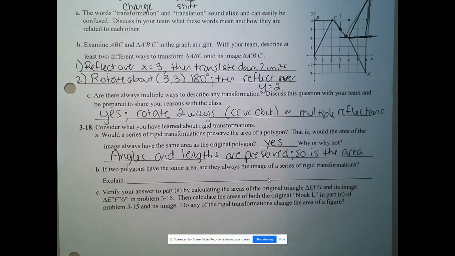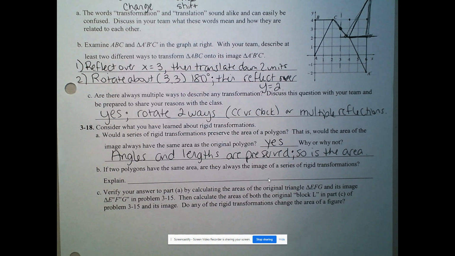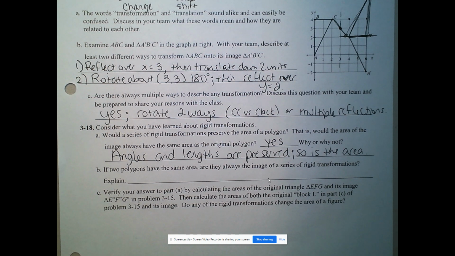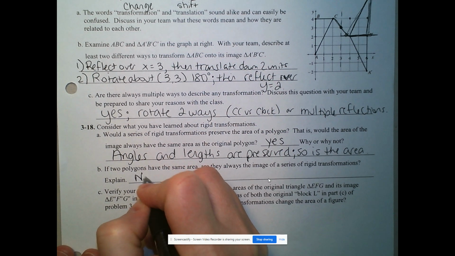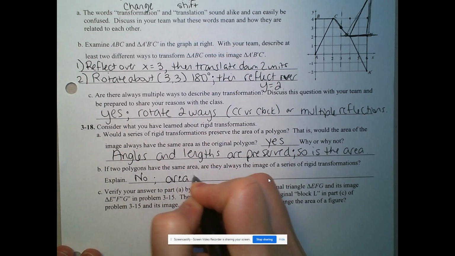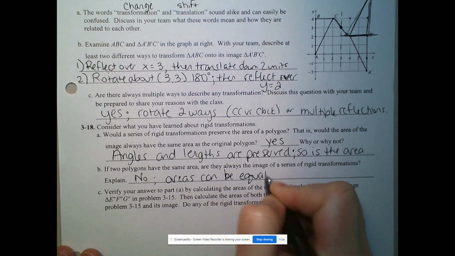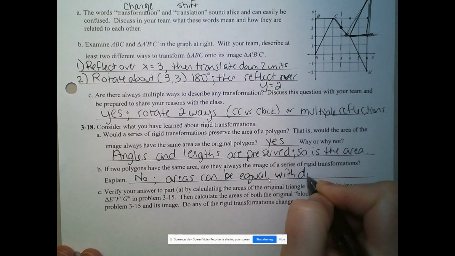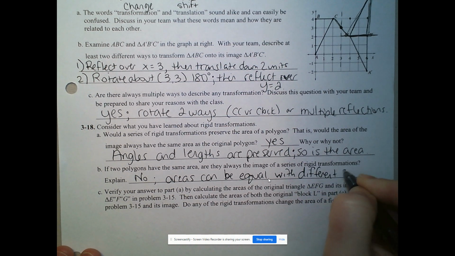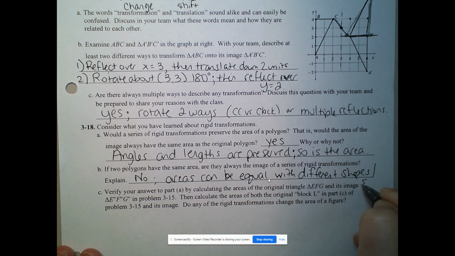If 2 polygons have the same area, they're always the image of a series of rigid transformations. And we can say no to that one, because there's a way to have the same area but be a different length or a different angle. Areas can be equal with different shapes, or say sizes.